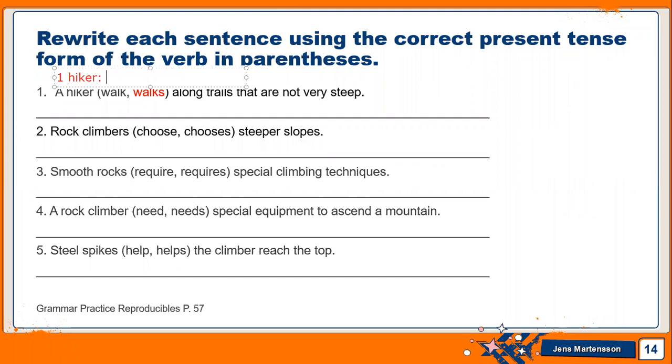So I choose walk or walks. A hiker walks because we said a singular subject should take the verb that ends with an S. So a hiker walks. Rock climbers, climbers, plural subject.